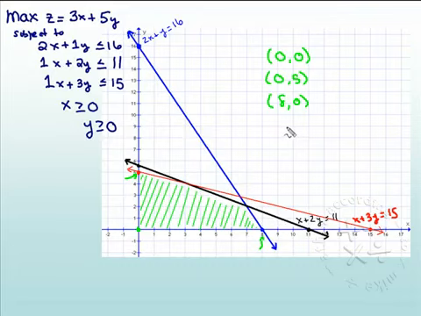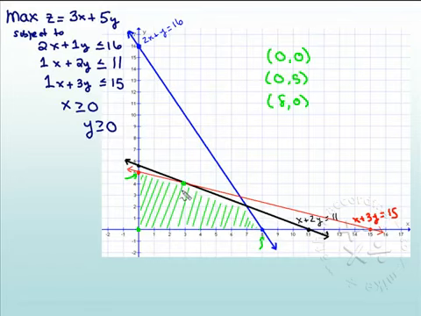Anything that is not on the x or y axis, you're going to have to use the elimination or substitution method to figure out where that point came from. So again, if those methods are icky for you, icky is a technical term, go back and watch that video for elimination or substitution. Notice we have another corner point right here.